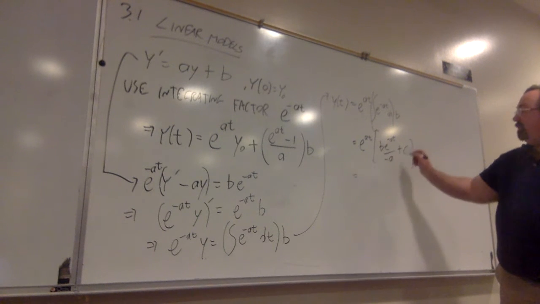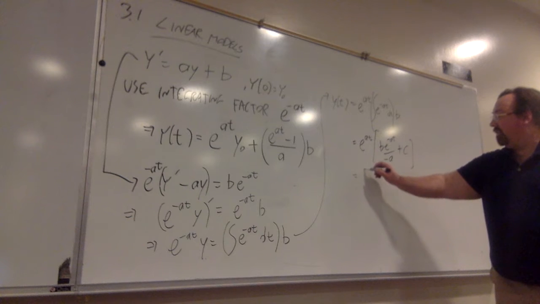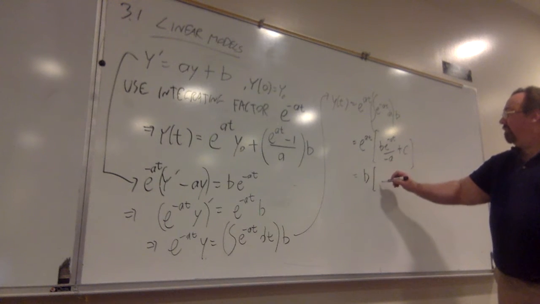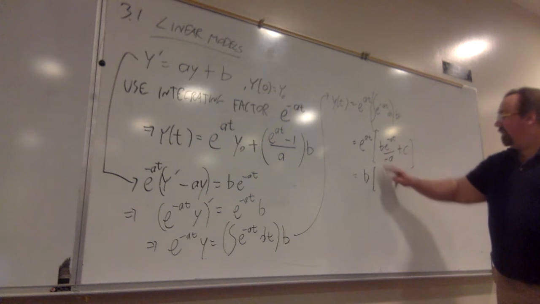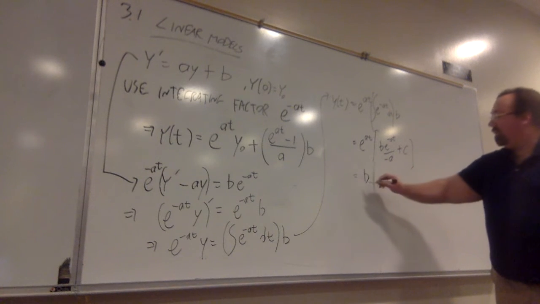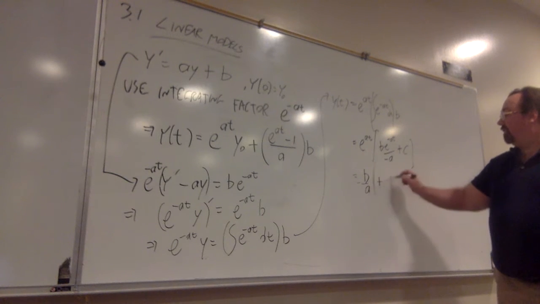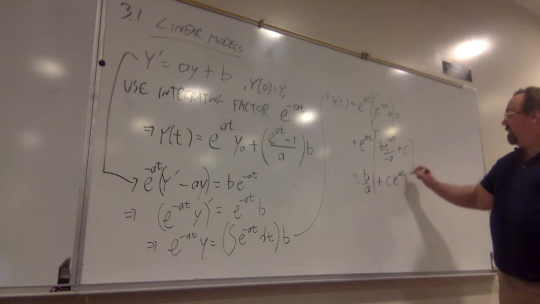And then if I distribute the e to the at throughout, then I get minus b over a plus c e to the at.